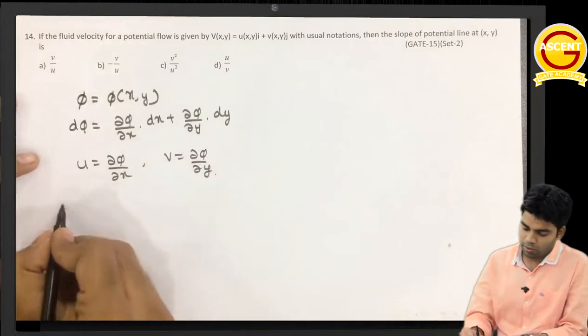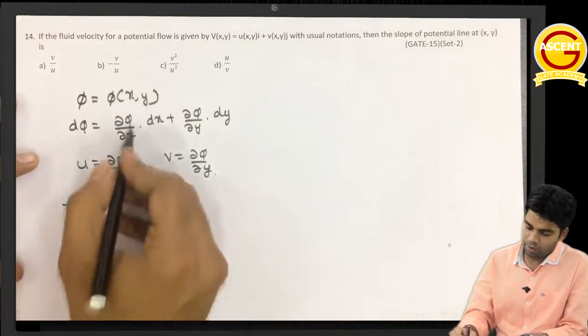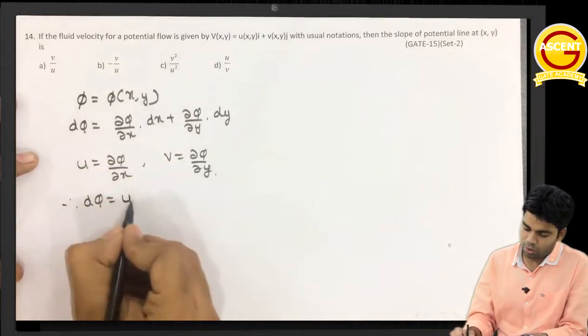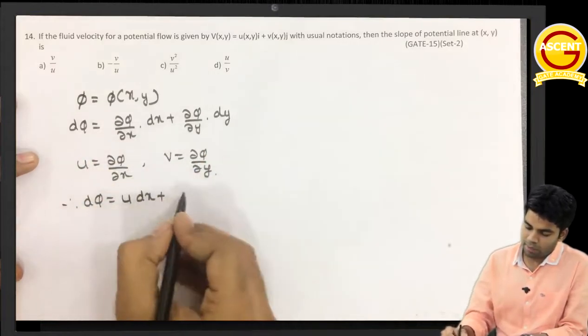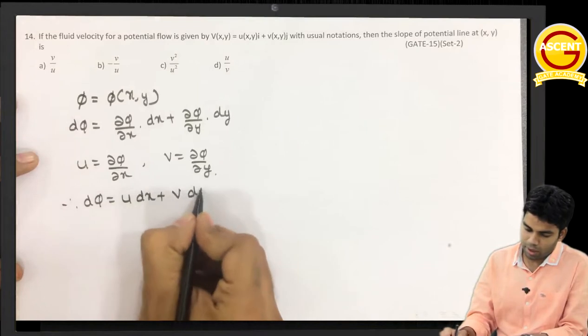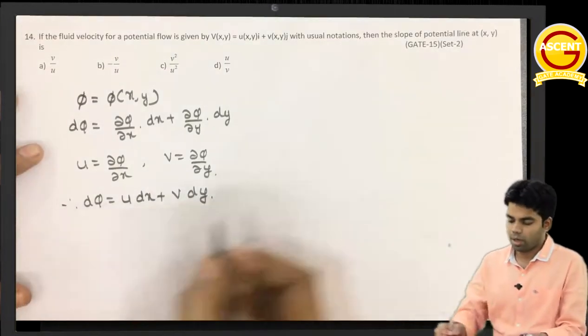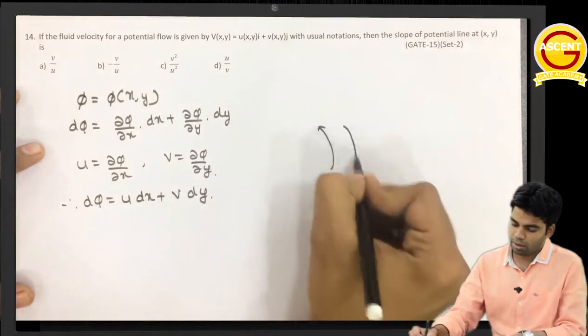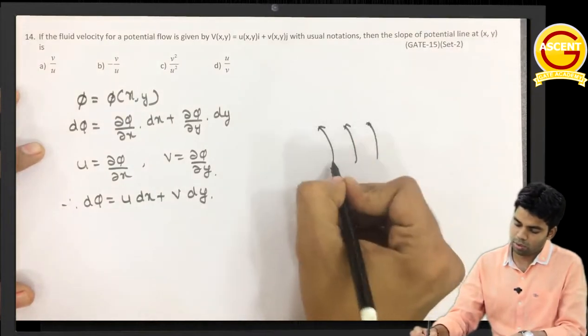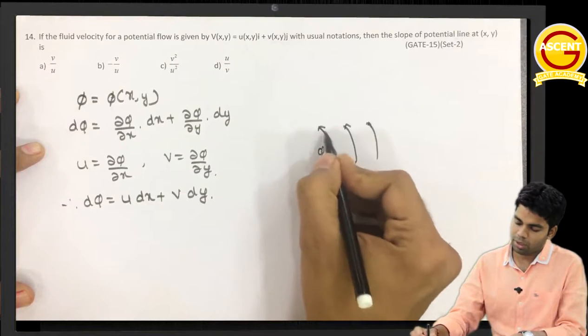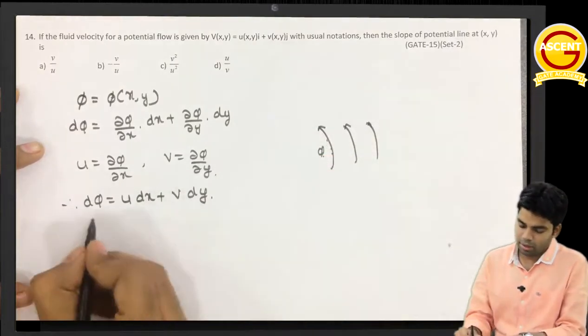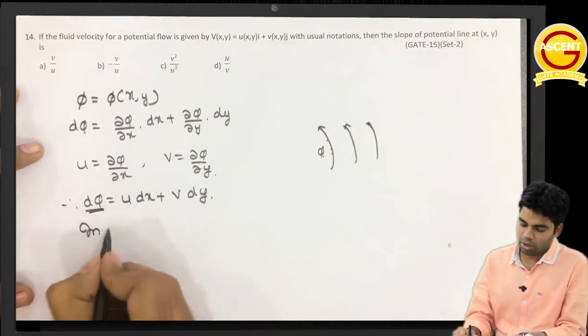Getting this? Therefore this d phi will be equal to del phi by del x is u dx plus del phi by del y is v dy. Getting this? Now because this is a potential line, and as I told you, in potential line the velocity potential is constant throughout the potential line. That means d phi should be equal to 0 in potential lines.